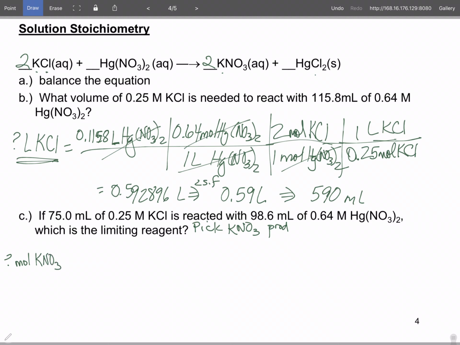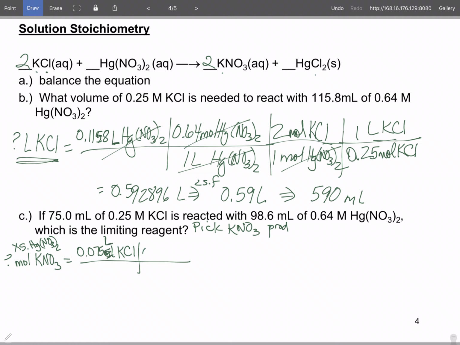All right, so we're going to start with 0.075 liters of KCl, which means we're going to have excess mercury 2 nitrate when we run this one. So we have that many milliliters, we converted that to liters. Watch your units.